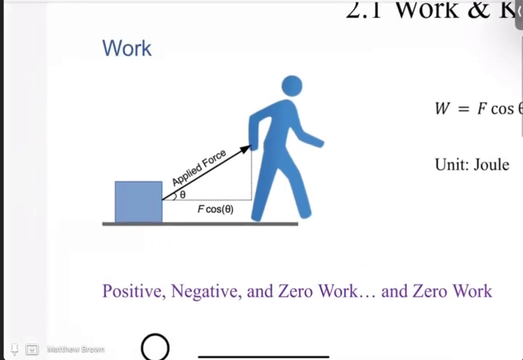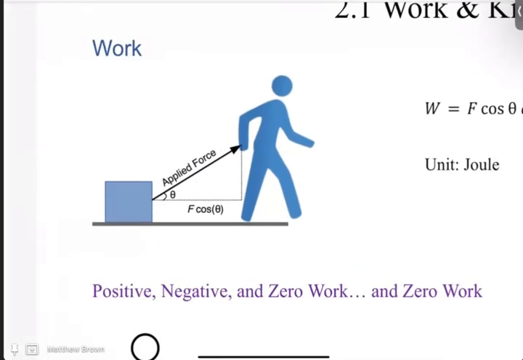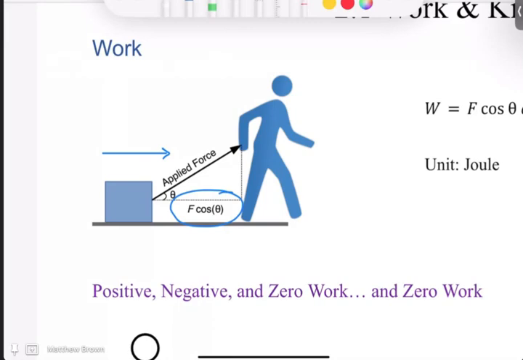So if you have a person pulling a block at an angle, but the direction of motion is straight like this, then we only consider the component of the force that's parallel to the direction of motion. That would be this F cos theta, which we get just by multiplying by the cosine of whatever the angle is.